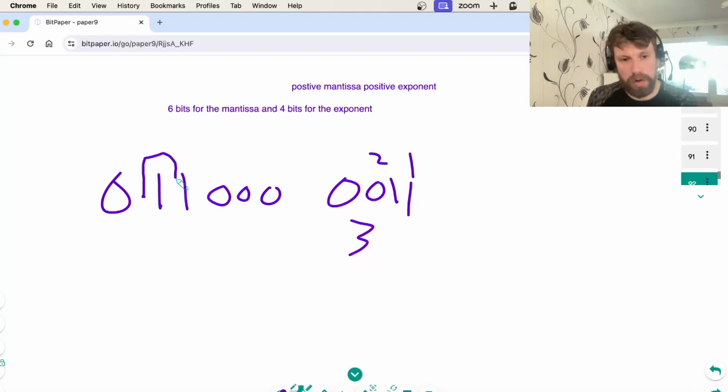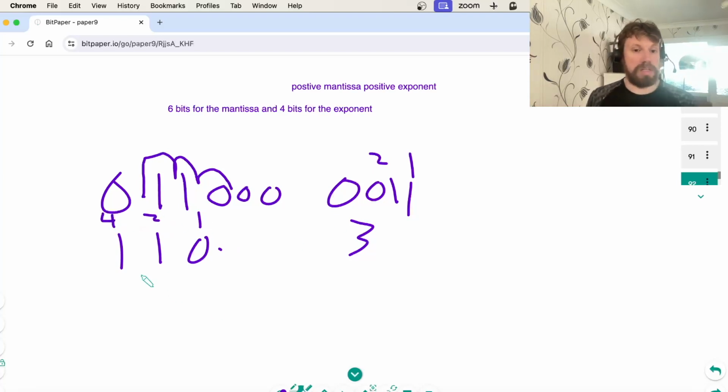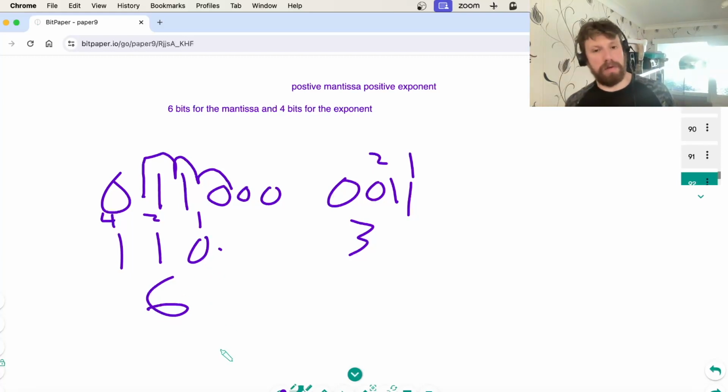So it's going to be 1, 2, and 3. We redraw our number, so 1, 1, 0 there, and then 1, 2, and 4, and we can see that this number is going to be 6. So that is how to do it for a positive mantissa, positive exponent. Convert the exponent, move the decimal point 3 places to the right, then convert it, and you're all good. And here we have got 6.